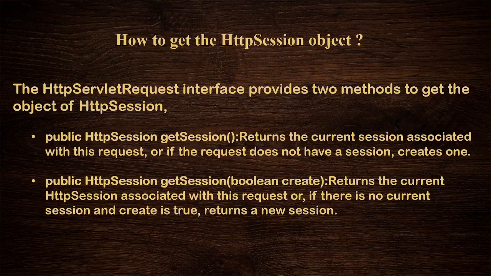Second one is public HttpSession getSession(boolean create): returns the current HttpSession associated with this request, or if there is no current session and create is true, returns a new session.